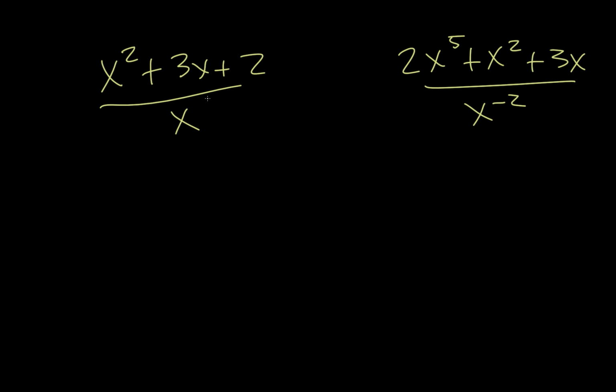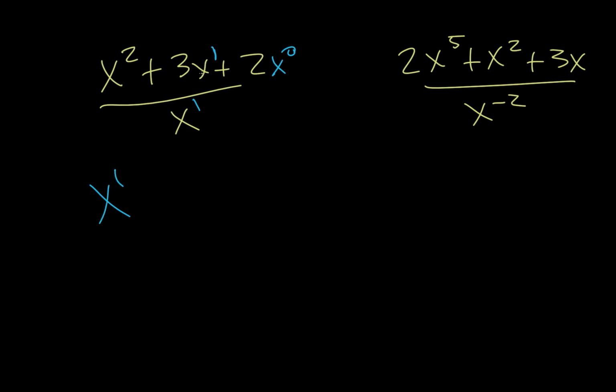So I'm going to write in the ones we can't see. Technically, this is like an x to the 0, if we want to think of it that way. So we're just going to subtract. So we have 2 minus 1, so that's just x to the 1.